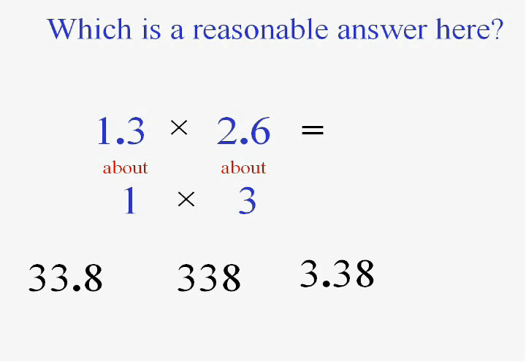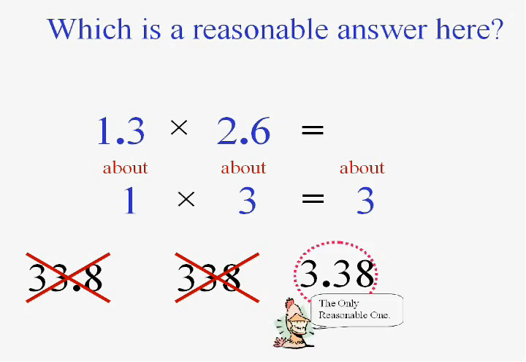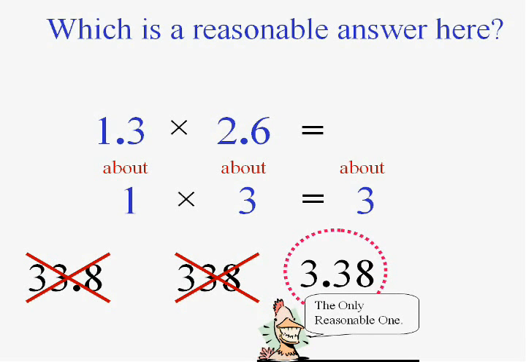So the answer should be about 1 times 3. Very easy to do, isn't it? The answer should be about 3. Well, looking down at your possibilities, it's not that one. Can't be this one. It's got to be about 3. So I actually got the answer without even doing the multiplication.